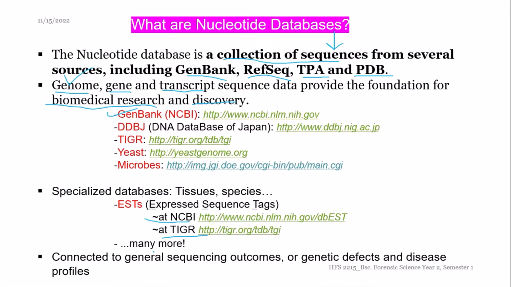So these sequences of genomes, transcripts, proteins, and also specialized tags like express sequence tags are connected to general sequencing outcomes. So during biomedical research, we have sequencing technologies or sequencing of genomes, partially or full, like the Human Genome Project. So where do they store these sequencing projects?